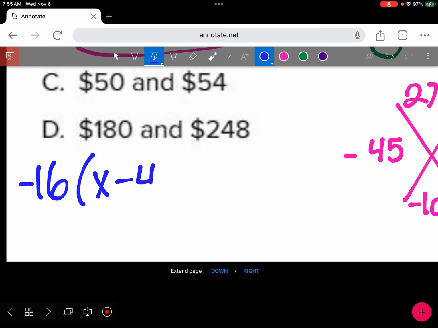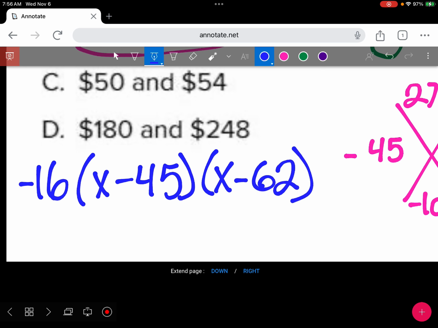X minus 45. I don't know why, but I just started writing 42 instead of 45. You mix together the 45 and the 62. You're just trying to make it efficient. So we've got it in our factored form, but we've also got our answer. We found it using the tools we had.